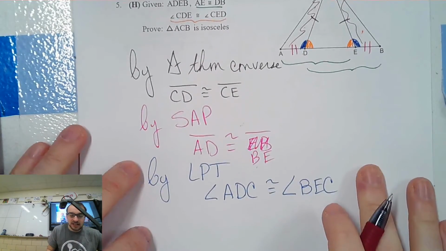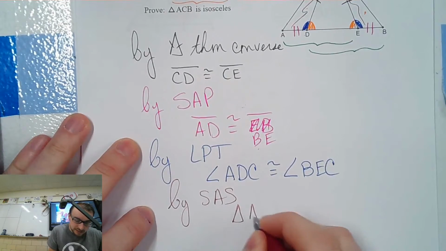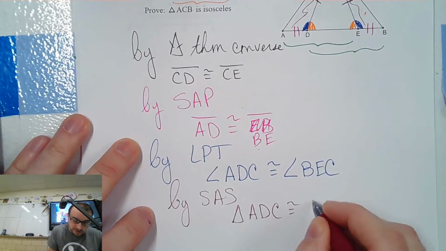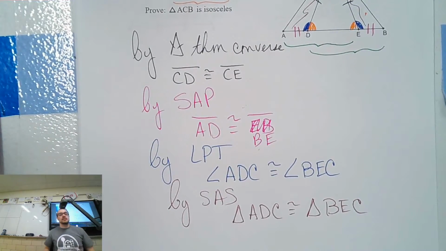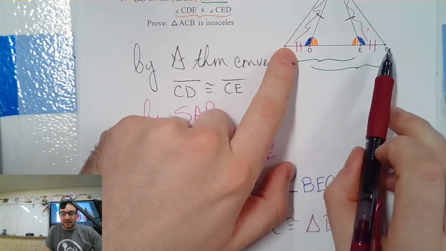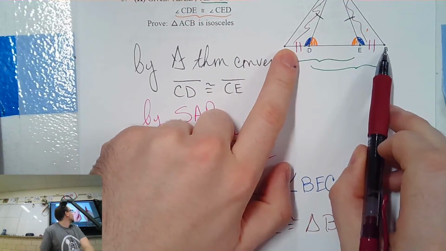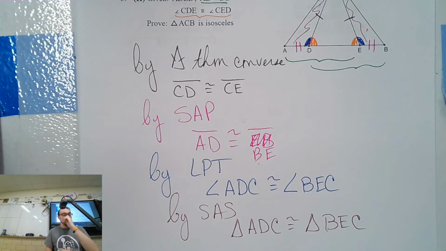So I'm going to write that. By side angle side, triangle ADC is congruent to triangle BEC. Now the whole point of all of this was to prove that angle A and angle B are the same. Because if they are, then their opposite sides are the same. Yes? Right? So now we're going to use that the triangles are congruent to say their parts are congruent.